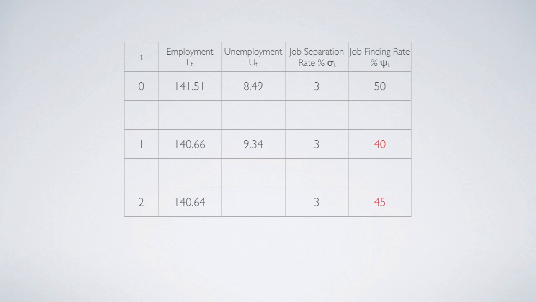And then for unemployment, among the 9.34 million unemployed workers, some of them will still stay put, which means they cannot find a job. The percentage of people who cannot find a job is 1 minus 45%. And then we will also have 3% of employed workers who get separated and join the unemployment group. So we get 9.4 million unemployed workers for day 2.